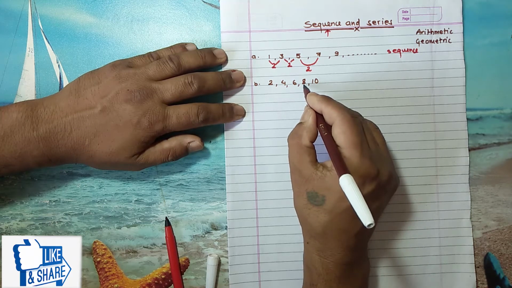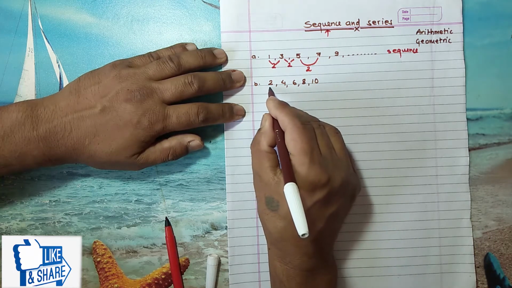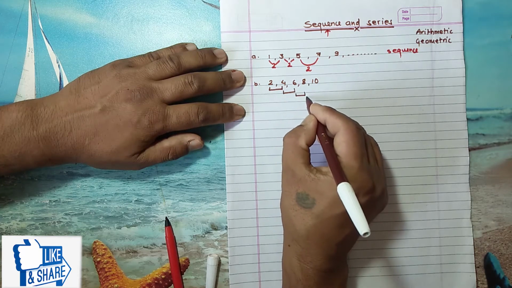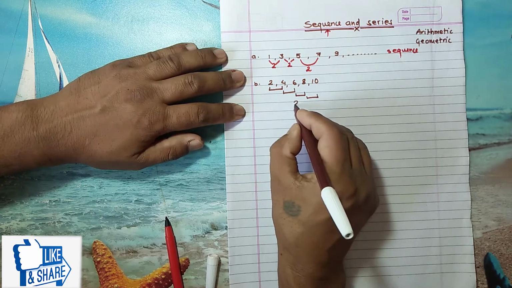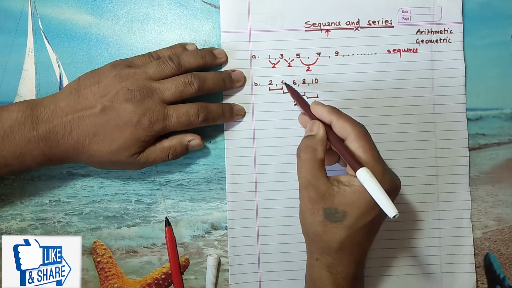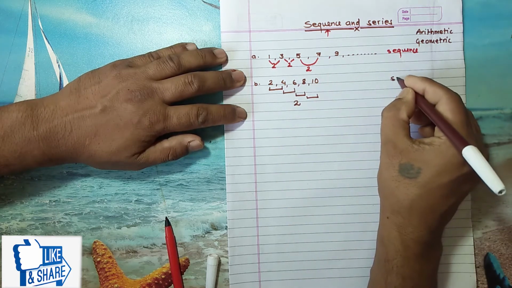We obtain 8 by adding 2 to 6. Means here in each gap interval the difference is 2. By adding 2 to its previous term, we are getting the new term. Means here also it's a sequence.